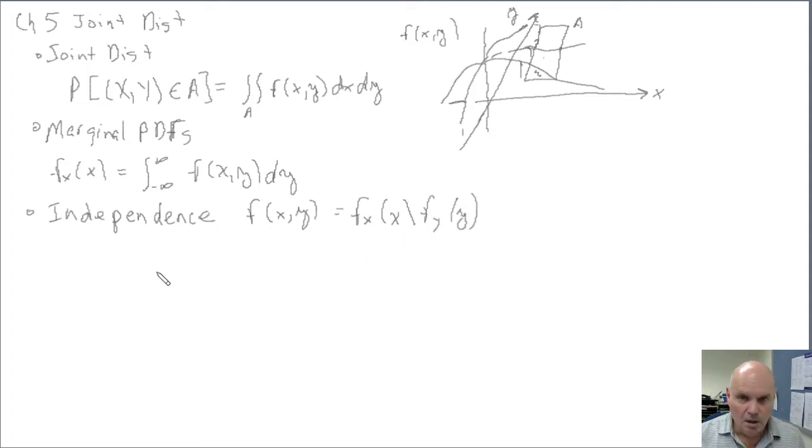Okay. Then we talked about what expected value meant with regards to joint PDF, and also talked about, again for two random variables, covariance and correlation.